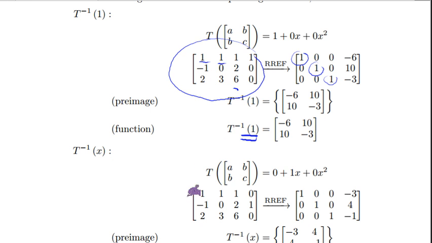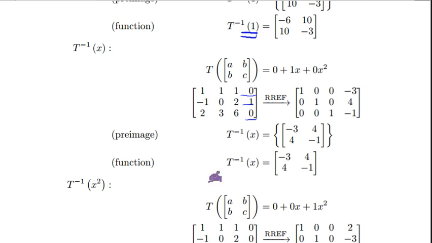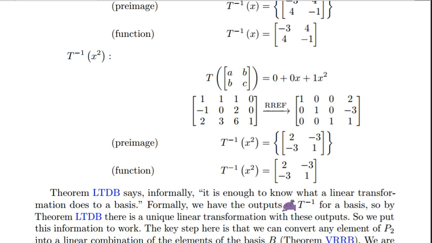So I have a very similar set of linear equations, only the constant vector changes. So instead of wanting 1 plus 0x plus 0x squared, I want 0 plus 1x plus 0x squared. Same coefficient matrix, same way to row reduce. You get minus 3, 4, minus 1.